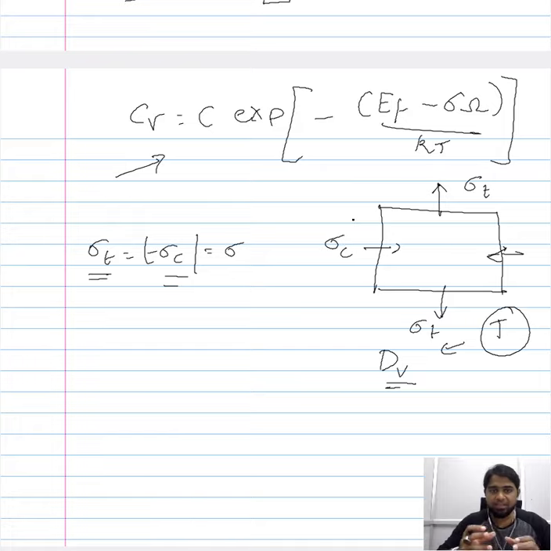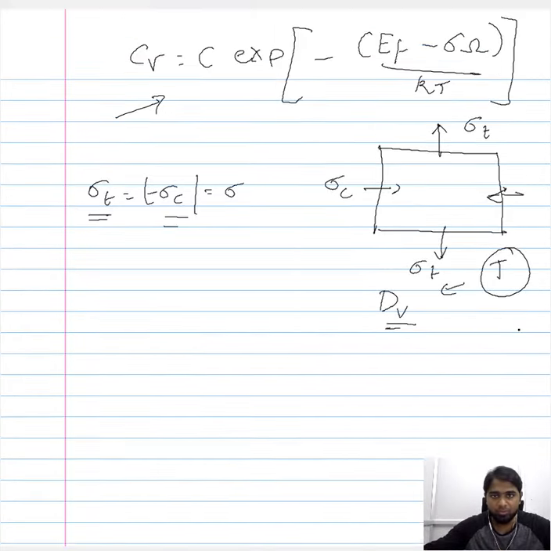Now let us try to find the number of vacancies produced by the imposed tensile load and the corresponding number of vacancies produced by the Poisson's effect and the consequent compressive load. So let us substitute those values of stress.